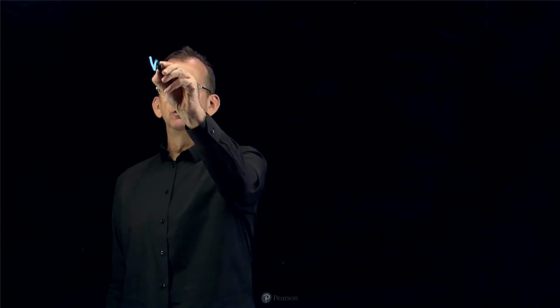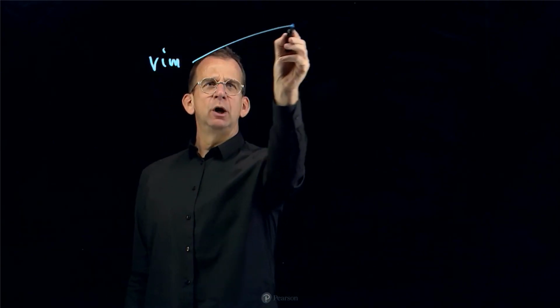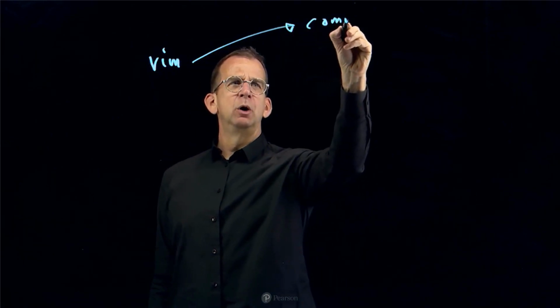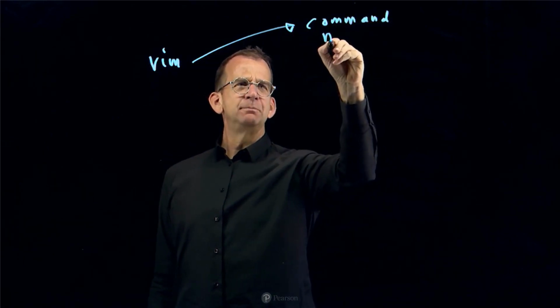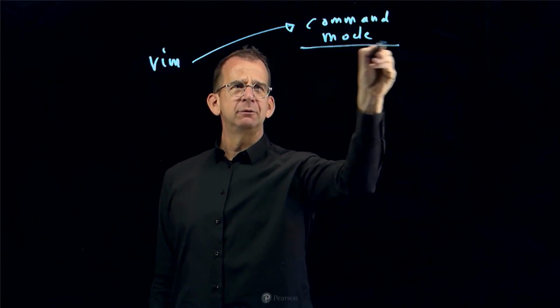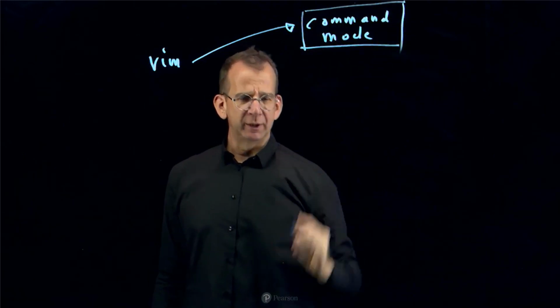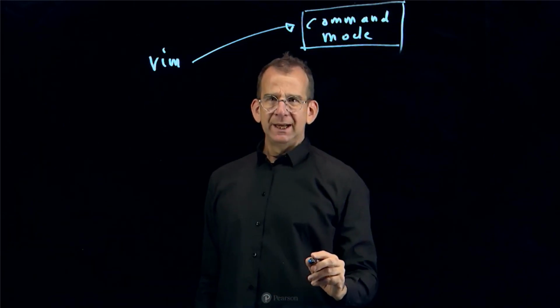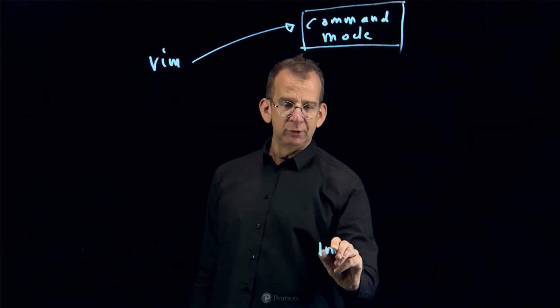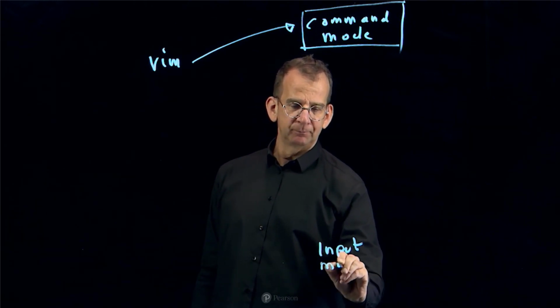Alright, well, what is the big thing about Vi? Well, if you type vi or vim, which you will probably mostly do, you will be opening what we call command mode. And command mode, well, you may have got it, is the mode in which you can type commands. In order to type text, you need to get back to input mode.